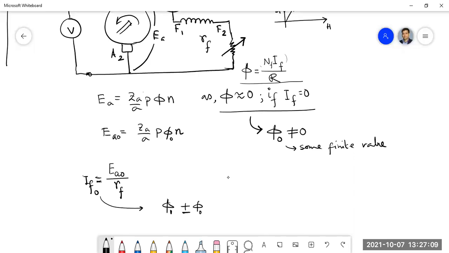Now there are two possibilities. Either the new flux will be added with phi 0, or we can place this phi 0 before because that is already there. So let us take here. Either the new phi 1 can be added with the existing residual flux, or it can be subtracted.